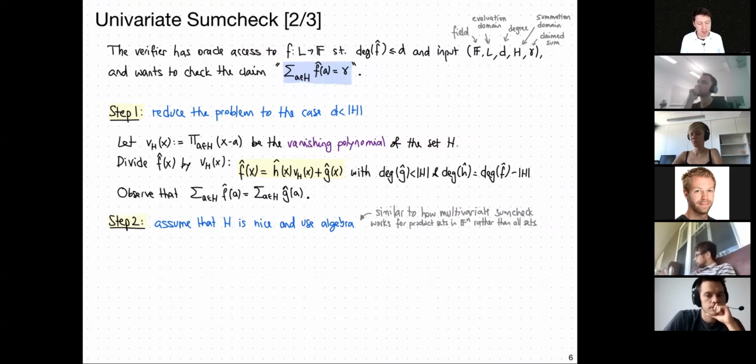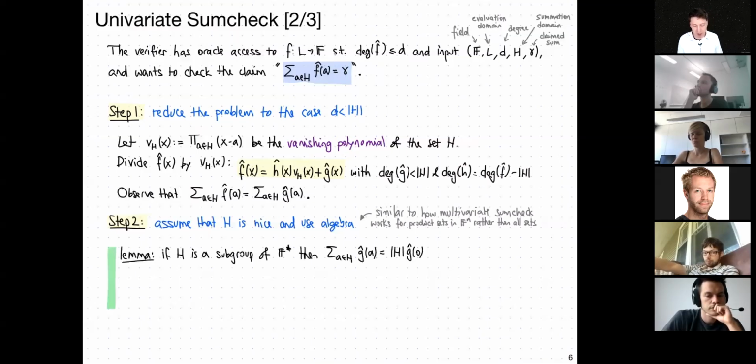In the univariate case, we will not, in general, be able to solve it for arbitrary H's, but for special H's. What are the special H's? We'll assume that H is a subgroup of the multiplicative group of the field, okay? Essentially, we're saying that H is cyclic, okay? So there is some way to describe H as omega, omega squared, omega cubed, all the way up going around the cycle, right?